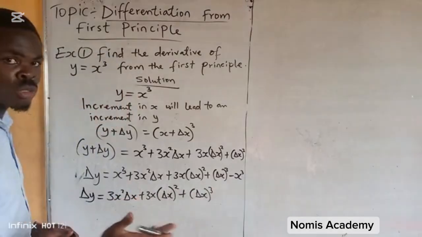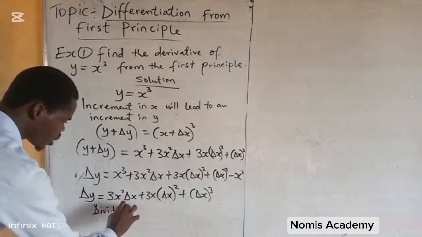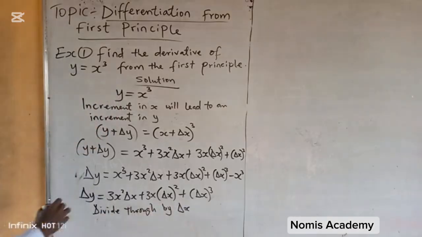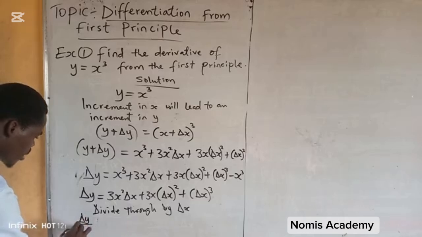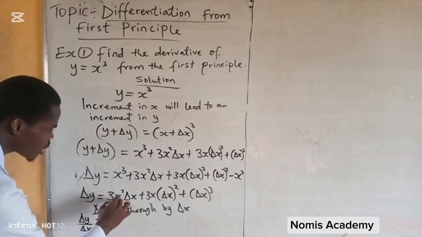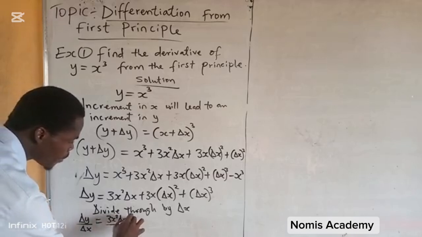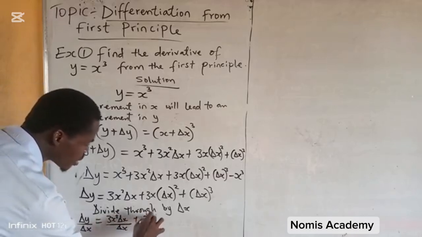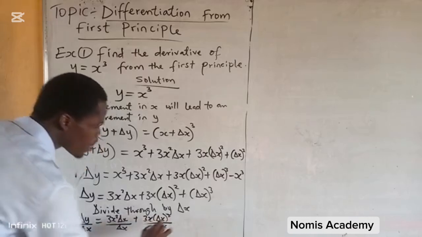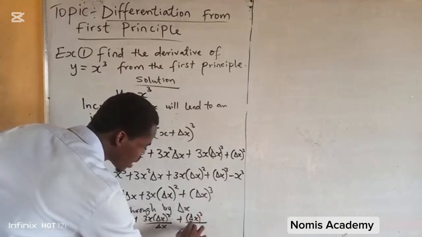Now we divide through by delta x. So that will be delta y divided by delta x equal to 3x squared delta x divided by delta x plus 3x delta x squared divided by delta x plus delta x cubed divided by delta x.